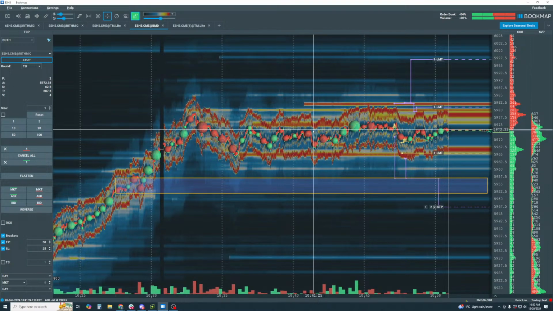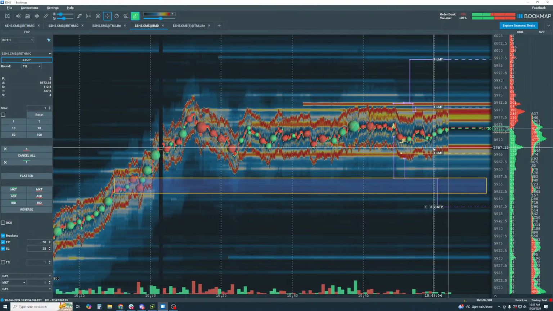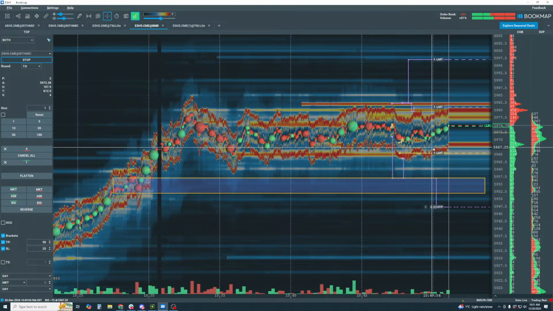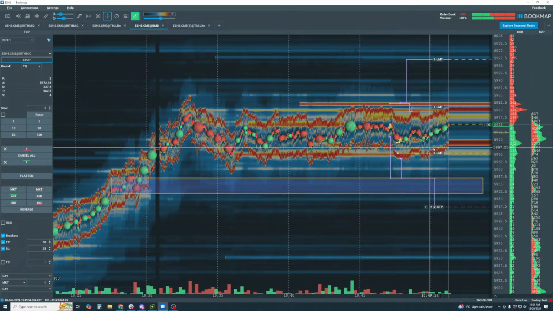And we'll see. Now, guys, we've covered this multiple times, and you have to be very careful trading this way because now you are scaling in to your position.